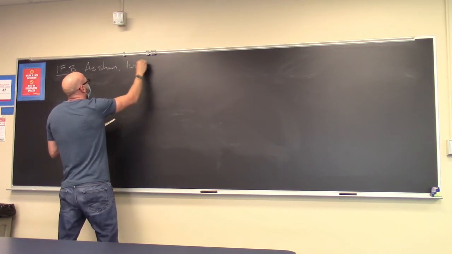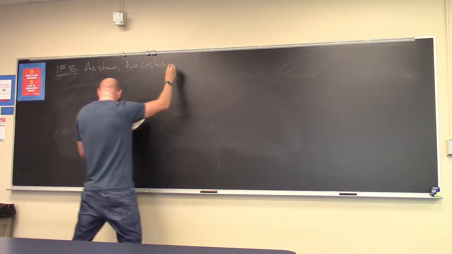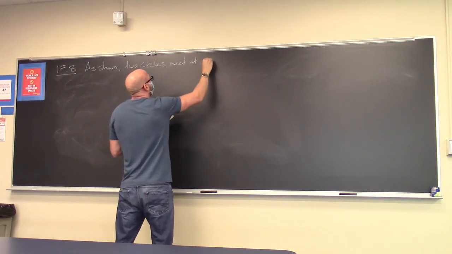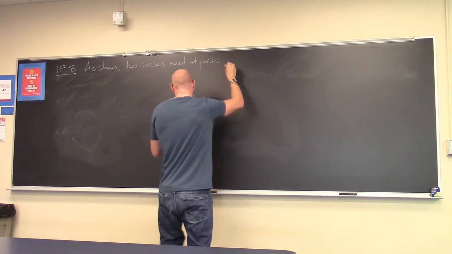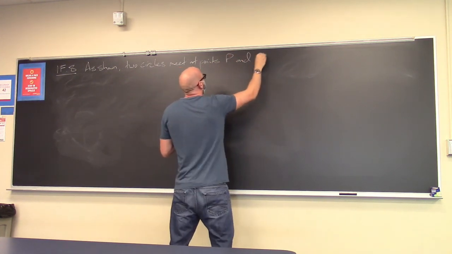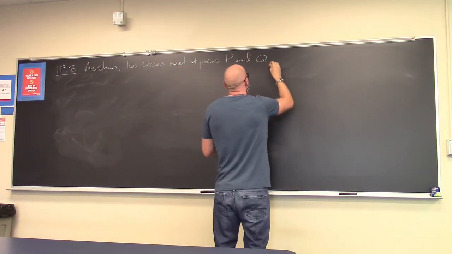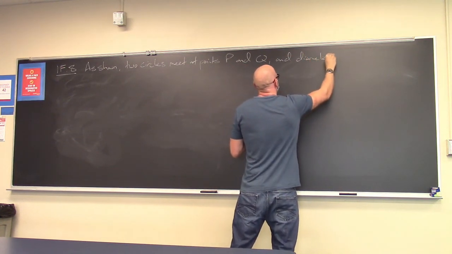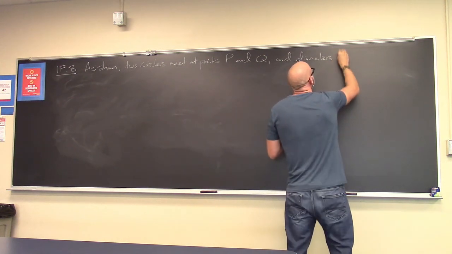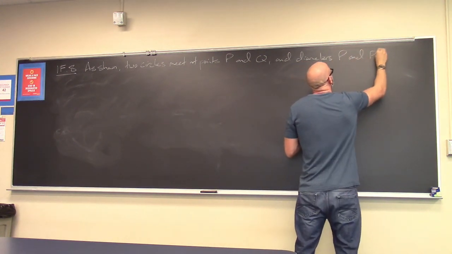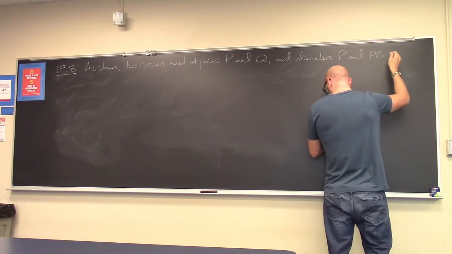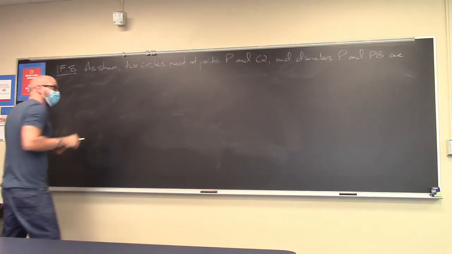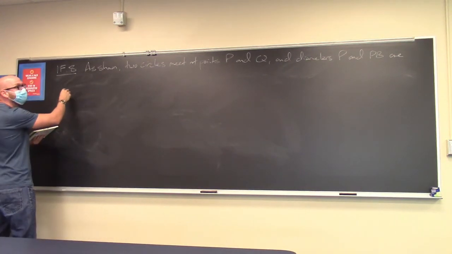As shown, two circles meet at points P and Q and diameters PA and PB are drawn. I suppose actually that's not descriptive enough to not require a picture, so we do need one.